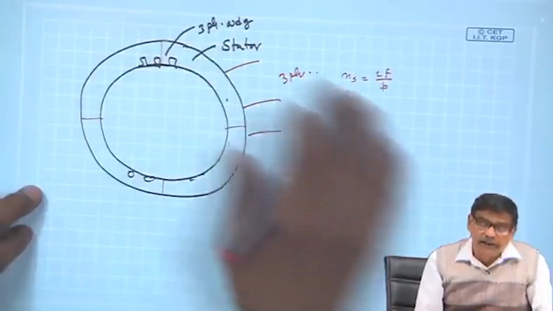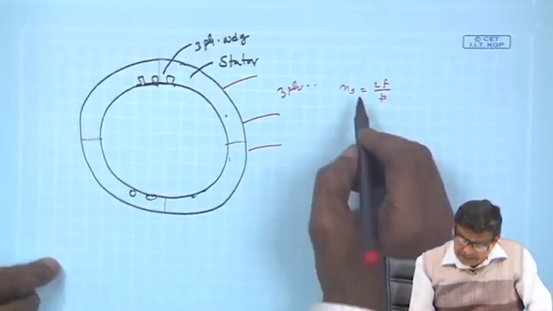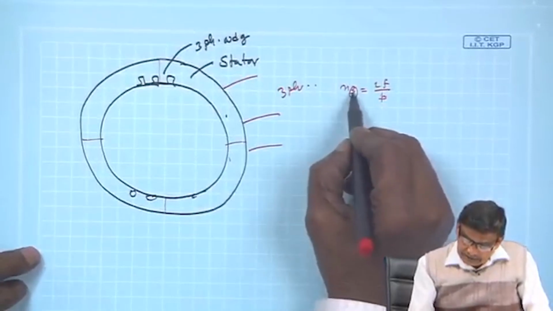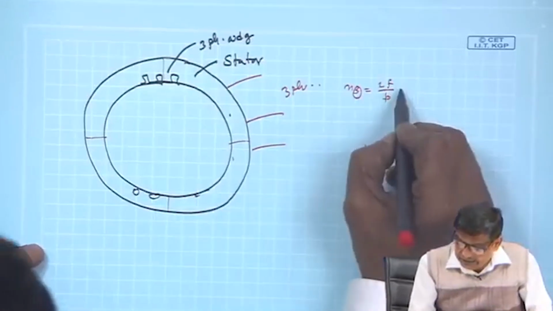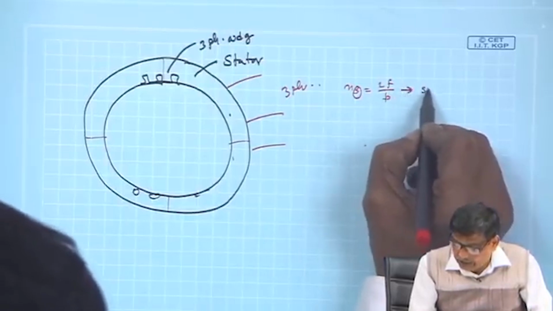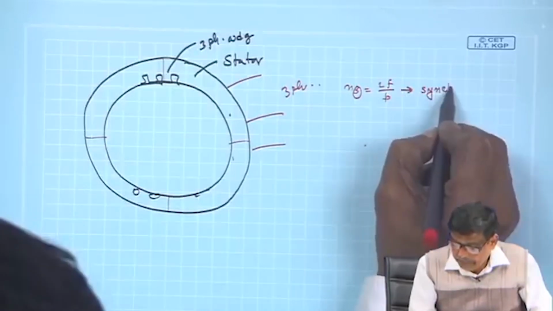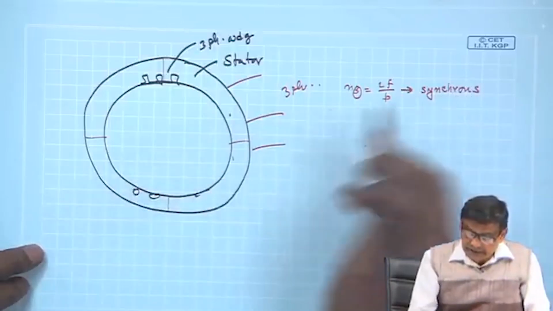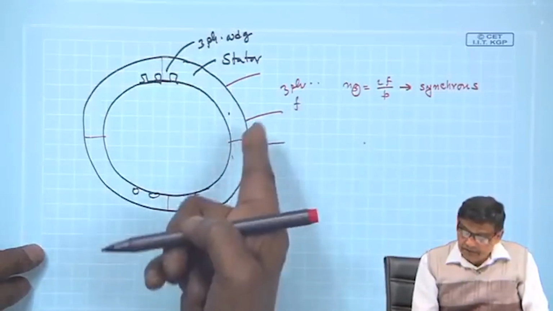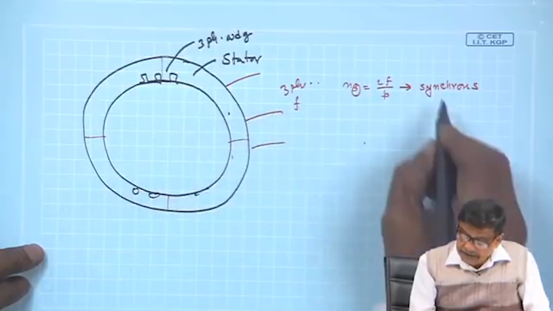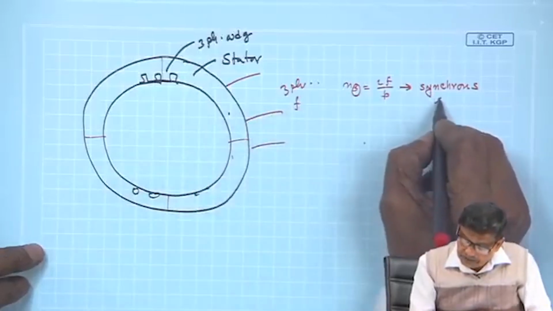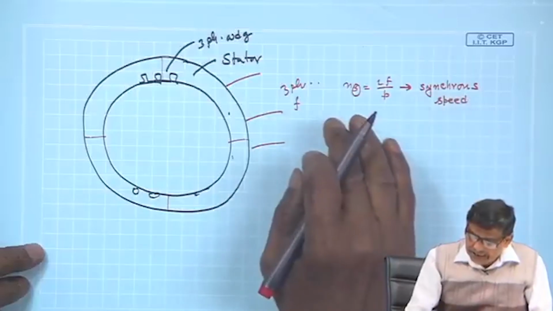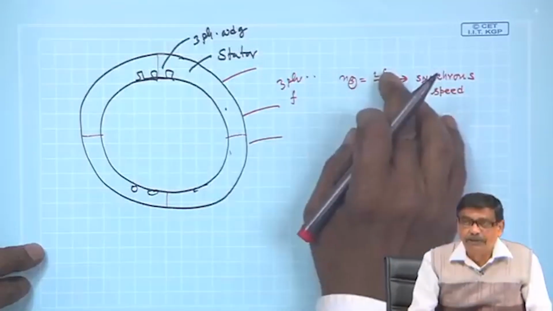Okay, it is moving, and why this term s, that also let me tell you. In language they say this is called the synchronous speed. Speed of the rotating field when it is connected to a 3 phase supply of frequency f is called synchronous speed, because it is in synchronism with the supply frequency.